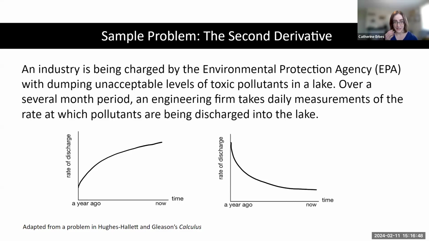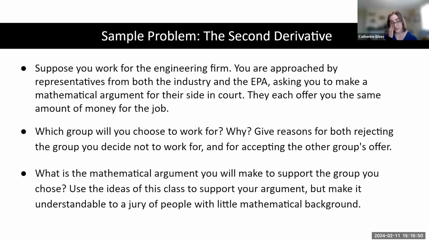So the way that we edited this was to ask, well, suppose that you work for this engineering firm and both the industry and the EPA come up to you and say, hey, could you be our specialist, represent us in court? And then we asked students to decide which of the two groups, for each of those situations, they would choose to work for and why?